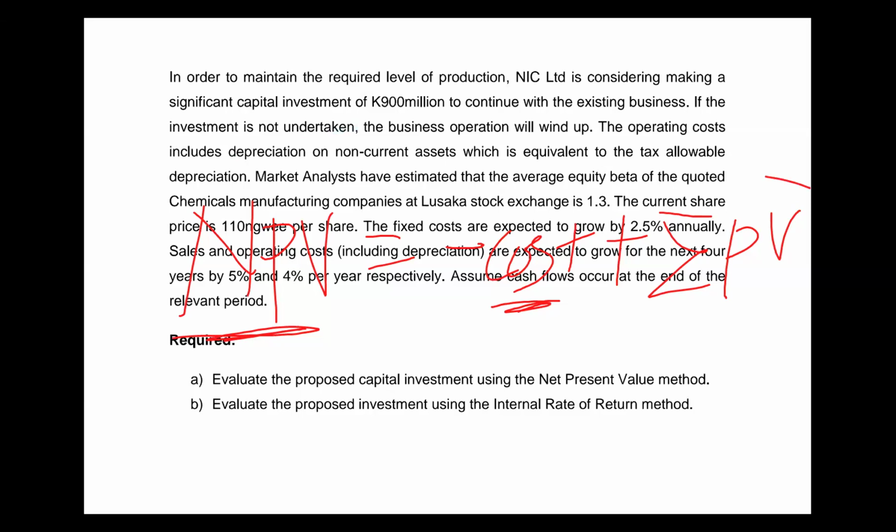Reminder: we said that present value is about the future cash flows. Let's say future cash flow one, cash flows. These are cash flows, right?